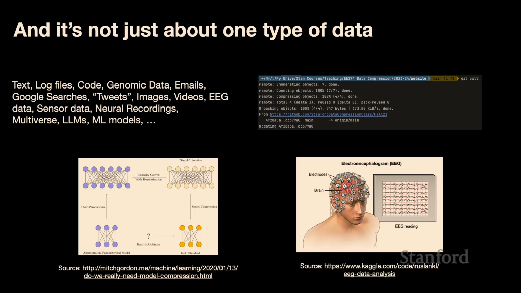And again, many times it's not even possible to transmit this data, collect this data, let alone do any sort of analysis on top of it. Like neural recordings, and not even that, even LLMs and ML models.